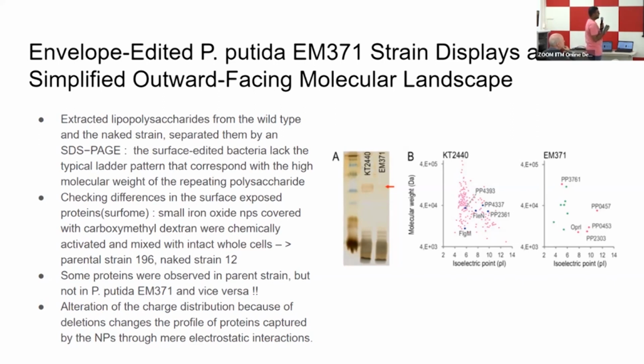Small iron oxide nanoparticles covered with carboxymethyl dextran were chemically activated and mixed with intact whole cells. So nanoparticles were used here, and with an isoelectric mechanism, they were separated. In the parental strain, KT2440, 196 proteins were observed, shown in figure B, and the naked strain, the modified strain, had only 12 proteins present.